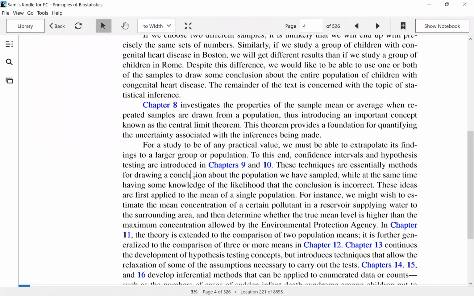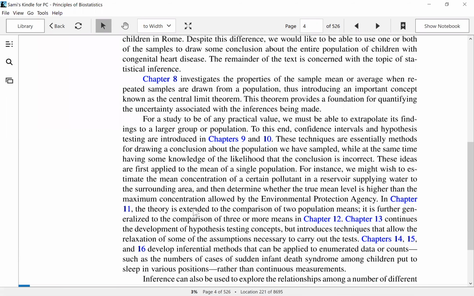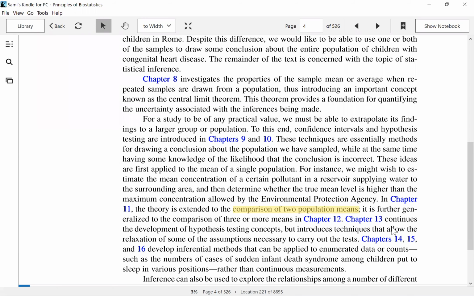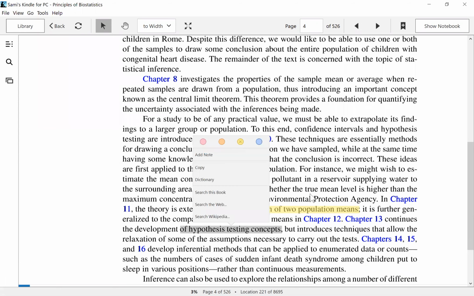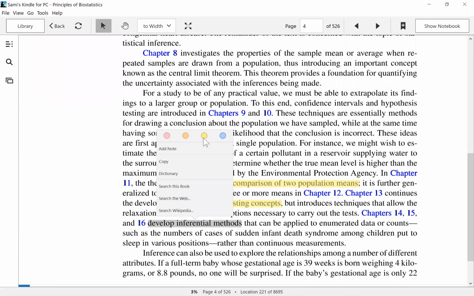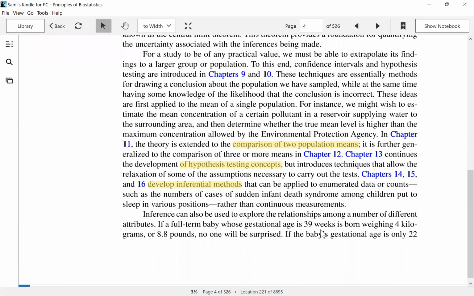Confidence intervals and hypothesis testing are in chapters 9 and 10. Chapter 11, comparison of two population means. Chapters 12 and 13 continue development of hypothesis testing concepts. And chapters 14, 15, and 16 develop inferential methods that can be applied to enumerated data or counts.